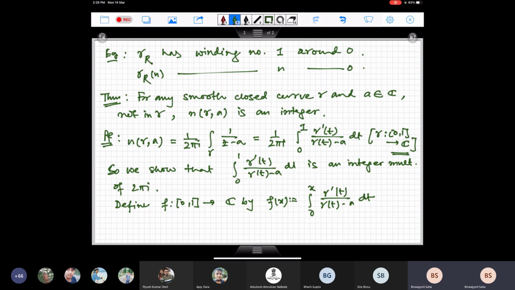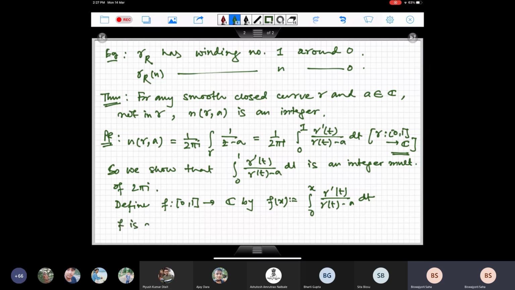The point is very simple: this is a primitive of the integrand. You have also done it when I told you about the fundamental theorem of calculus. To get a primitive, you can define this kind of function.